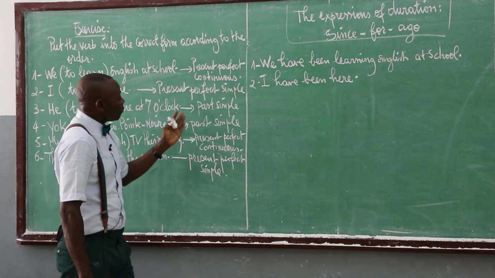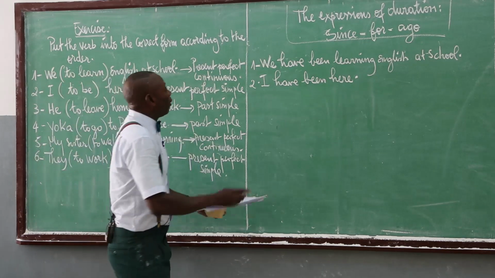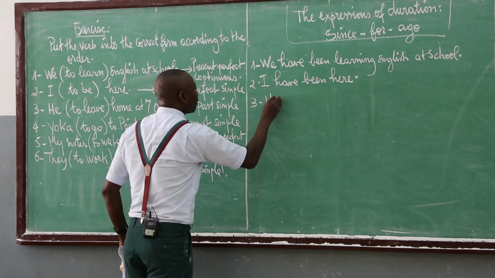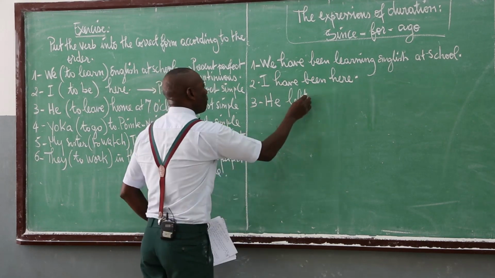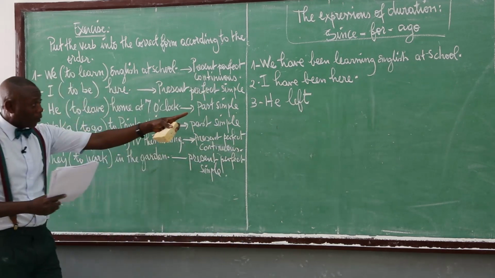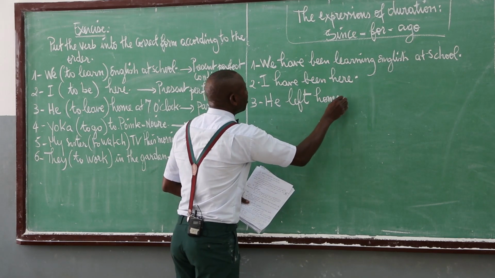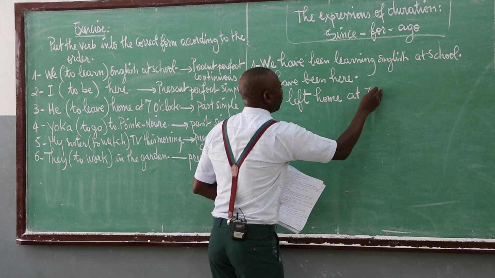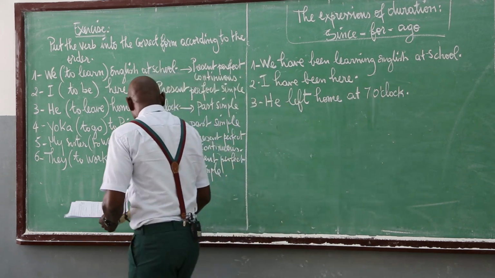We put the sentence into the past simple tense, I mean preterite, okay? So we say, he left home at 7 o'clock, because the past form of this verb is left. Good.